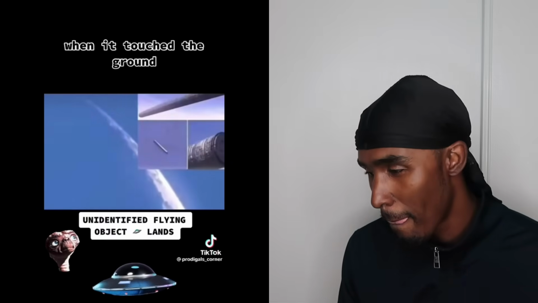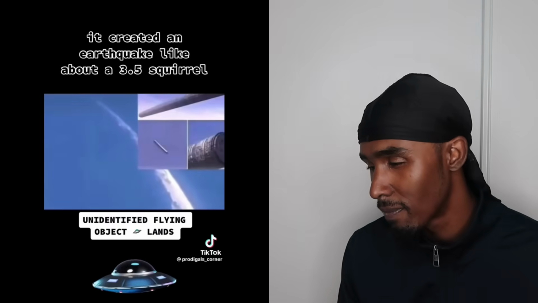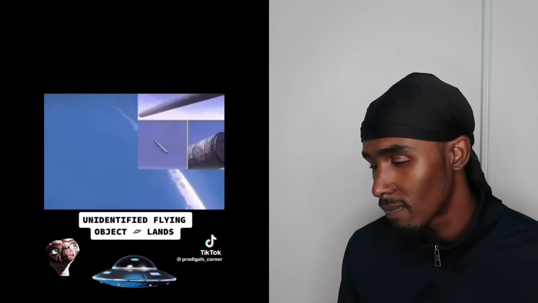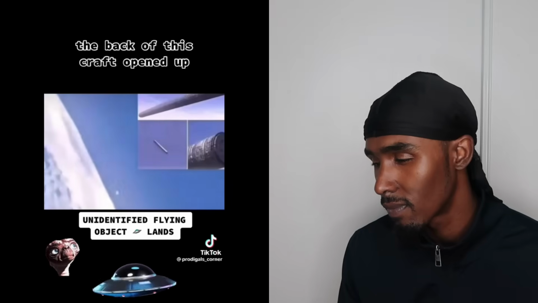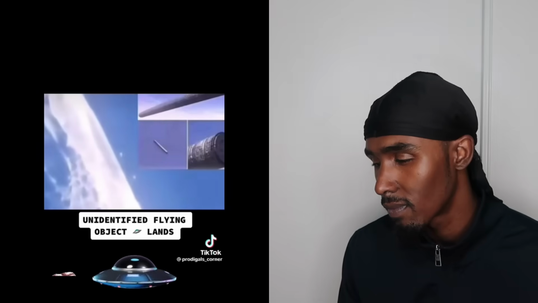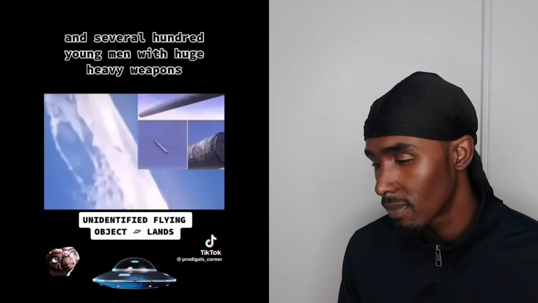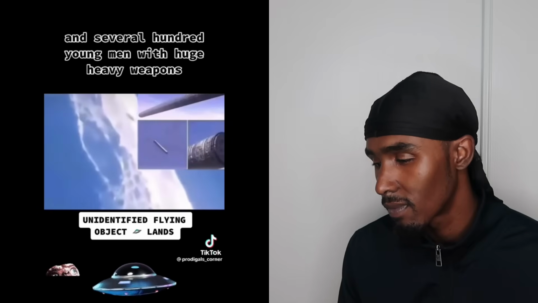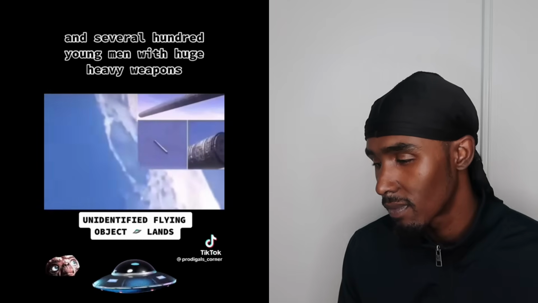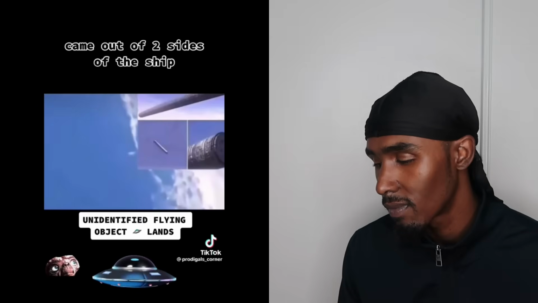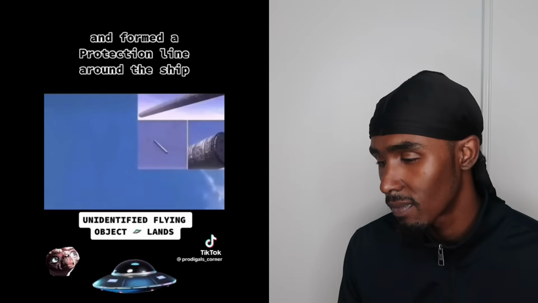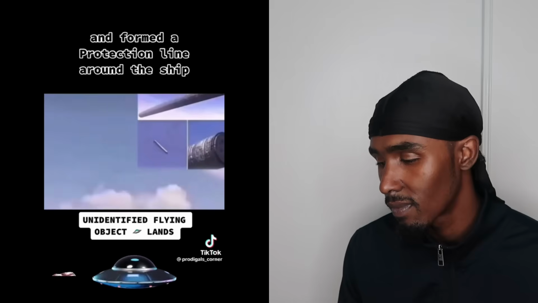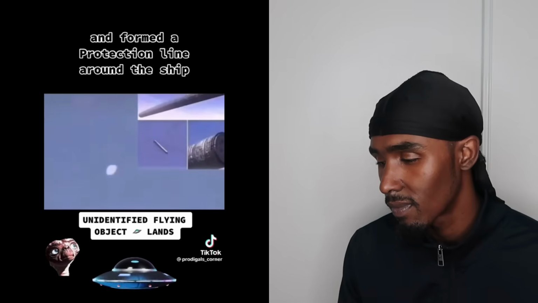When it touched the ground, it created an earthquake like about a 3.5 swirl. It terrified everybody in the area. The back of this craft opened up, and several hundred young men with huge, heavy weapons came out of two sides of the ship and formed a protection line around the ship.